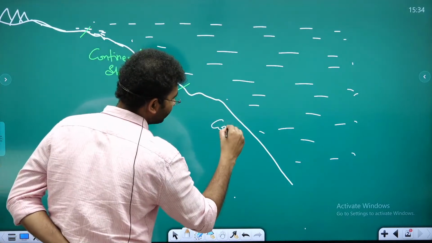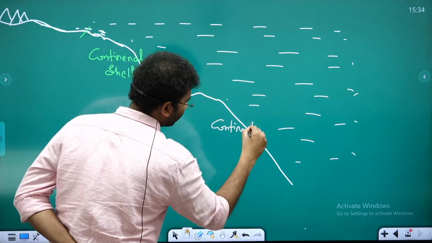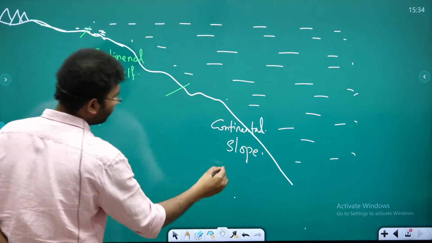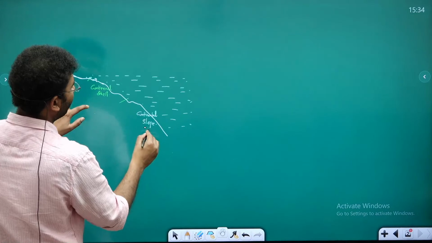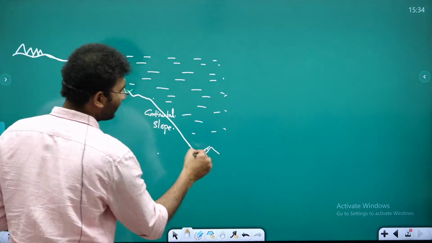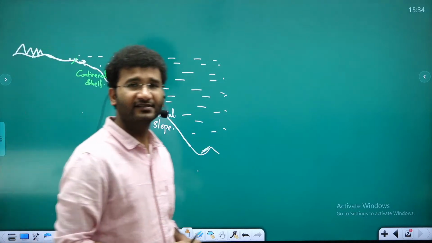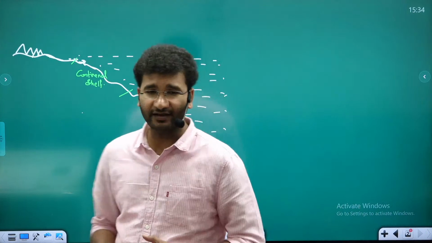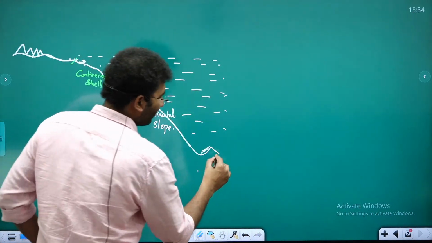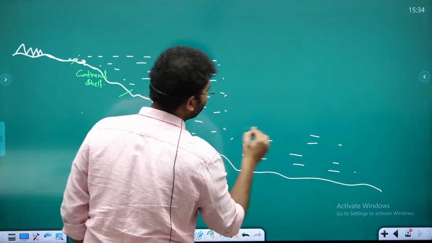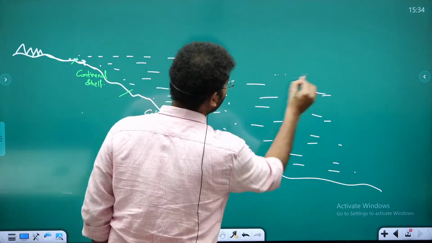This is your continental slope. At times, you will also see a landform where the deposition rates are very high, and then a small rise you get to see. And this rise is nothing but your continental rise, right?